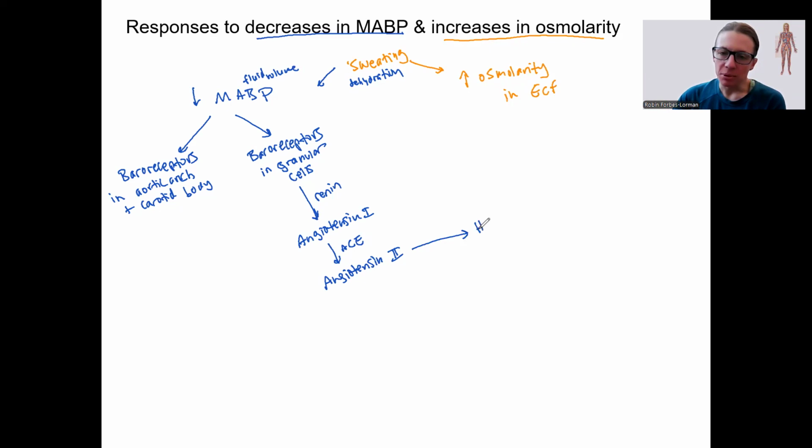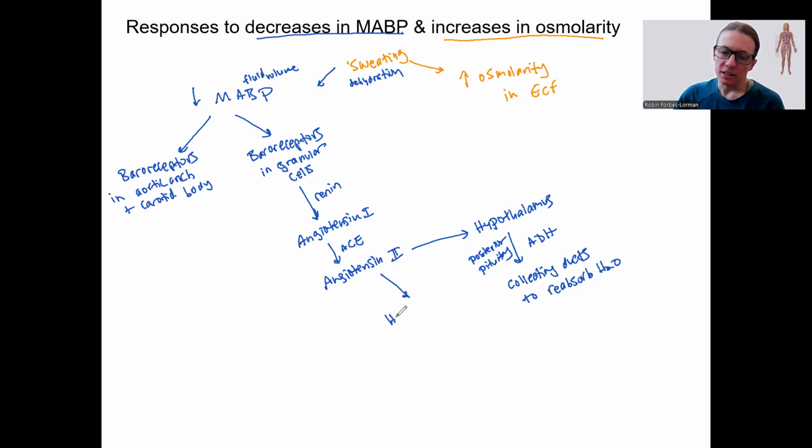One is to target the hypothalamus, which produces ADH that goes out the posterior pituitary. ADH targets the collecting ducts in the kidney, of course, to reabsorb water. Okay, so that's one of the effects of angiotensin 2.